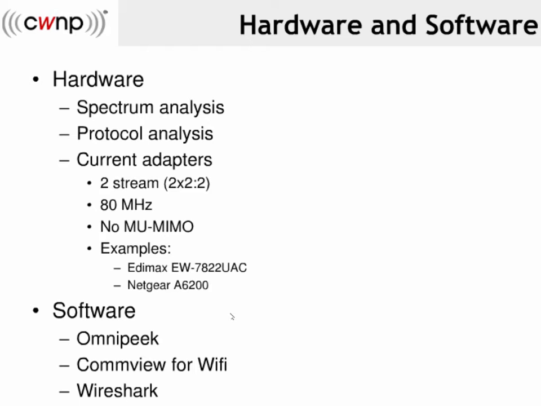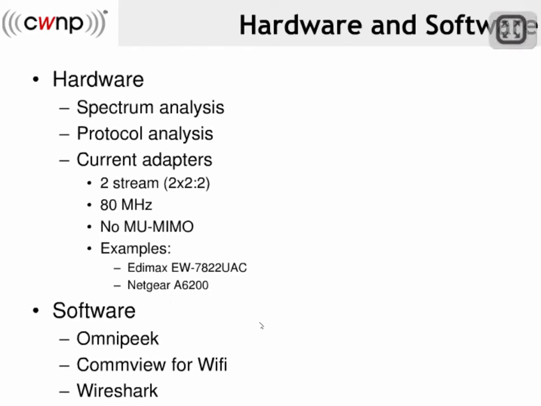There are some issues in there with the decoder, but interestingly, it saves all the data correctly, and then if you turn around and open that data up in, say, Omnipeek or Commview for Wi-Fi, everything looks beautiful. So you can use Wireshark to do a capture from your Cisco with remote AP capture, and then pull that information into one of the other tools for analysis if you want to.